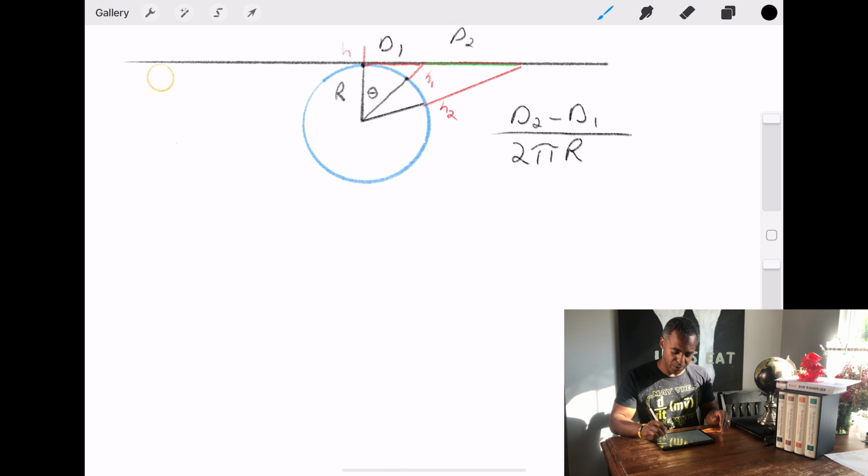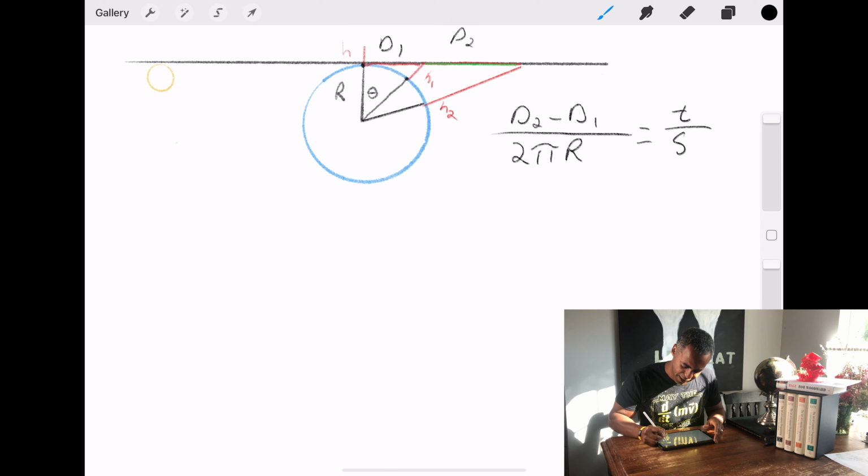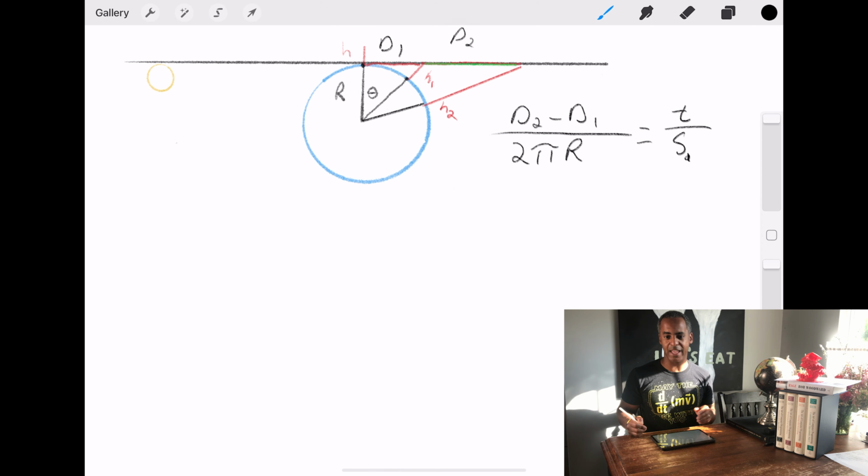And that ratio is equal to the ratio of how long it takes to make a full revolution. So again, if you remember from part 2, that ratio is t, or a measured time between the two events, sunrise or sunset, from the altitudes, and the number of seconds. We can call it s sub d, or just s. Okay, so the number of seconds in a day.